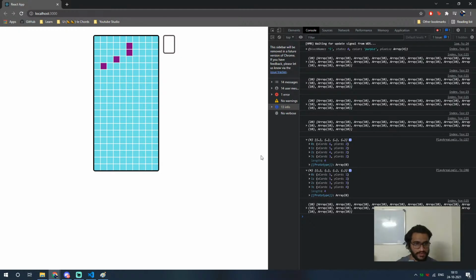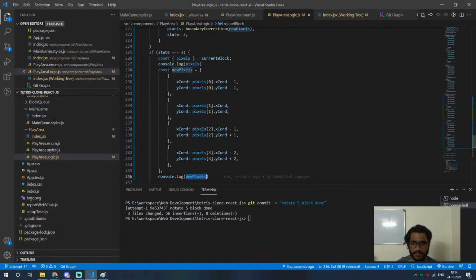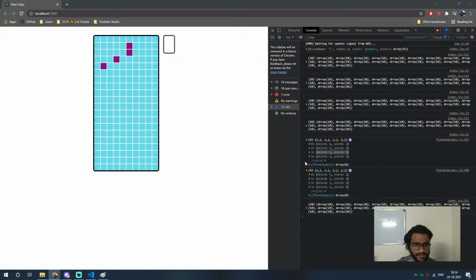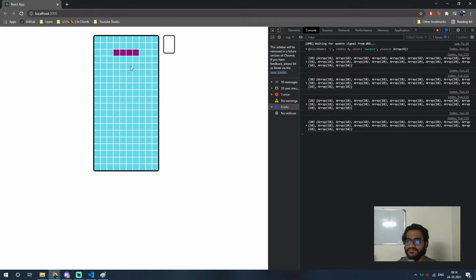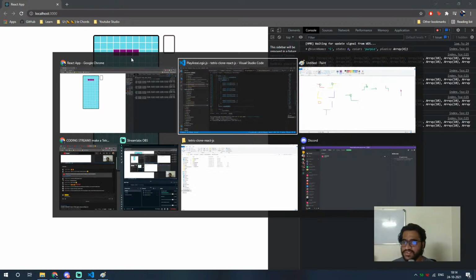and the third pixel was supposed to be -1, +1, right? So -1. Wait, what happened to it? It was supposed to be plus x and plus y, no?